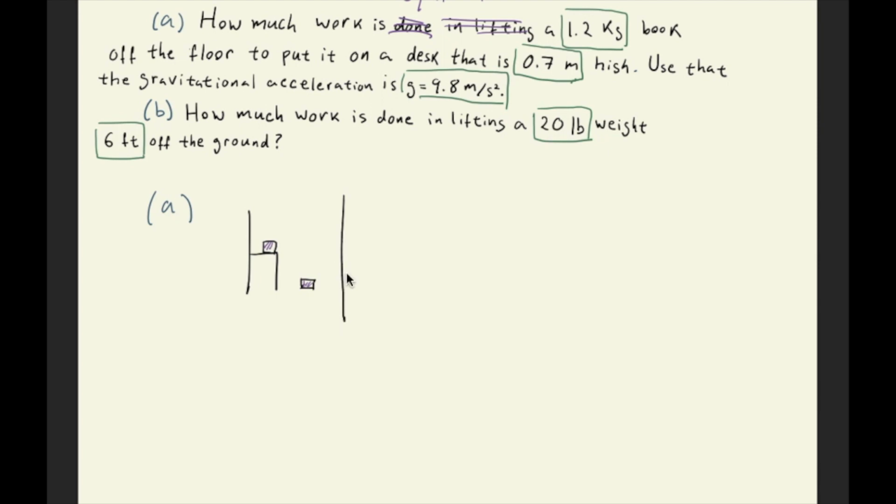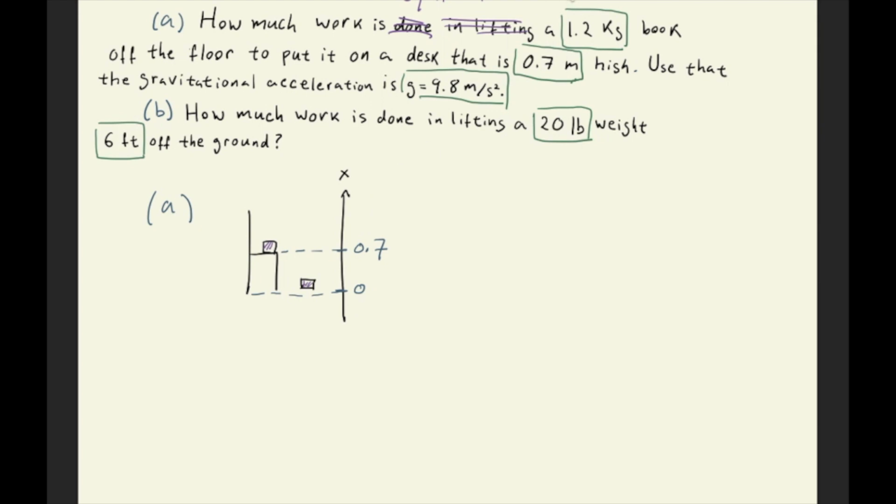This is kind of an obvious coordinate system. Put x like this. So the floor is x equals 0, and the top of the desk is 0.7 meters. That's what's given to us, right?